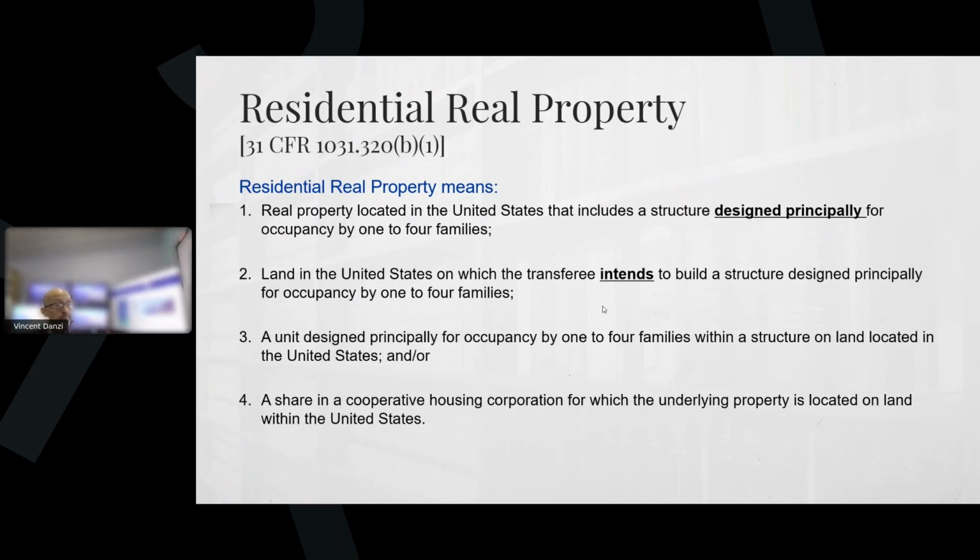Okay. We have two more, and then we'll continue the presentation. If we prepare a quit claim deed to cure a title issue, would you be required to report? That's a very interesting question. I haven't had that question yet.